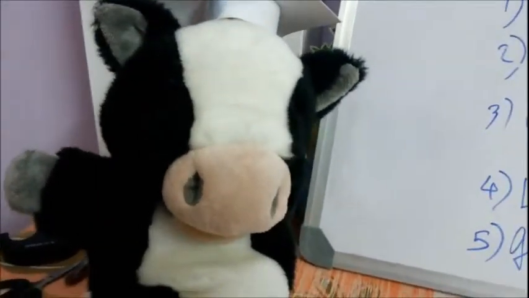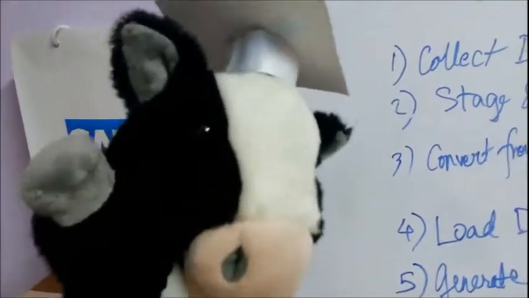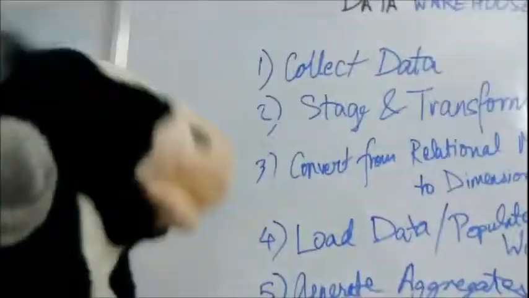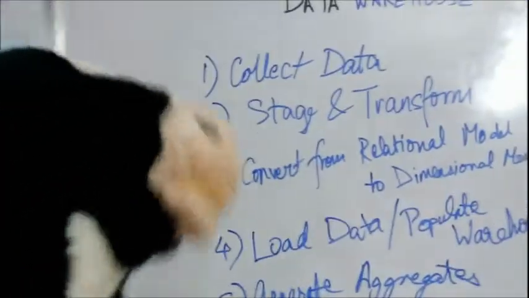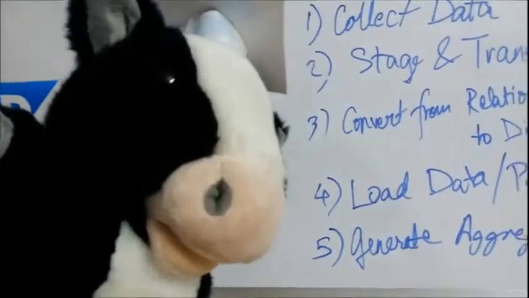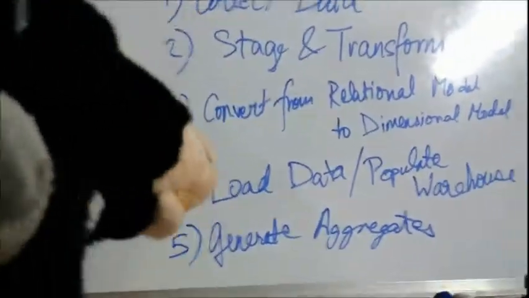Scumbag. So now I'm going to talk to you about data preprocessing, which I had mentioned earlier. Now what preprocessing is actually the transformation that we do to bring the data into a standard format. You can either do preprocessing at stage 2, where you bring the data into the data stage, or you can do it just before you populate the warehouse.